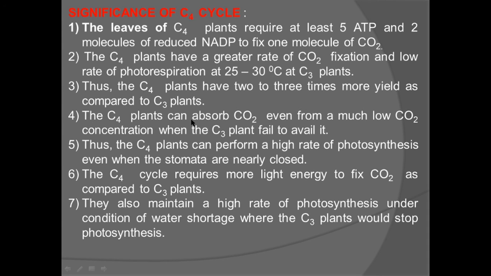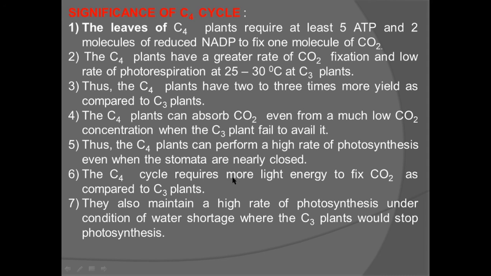The C4 plants can absorb carbon dioxide even from a much lower carbon dioxide concentration when the C3 plants fail to avail it. Thus, the C4 plants can perform a high rate of photosynthesis even when the stomata are nearly closed.